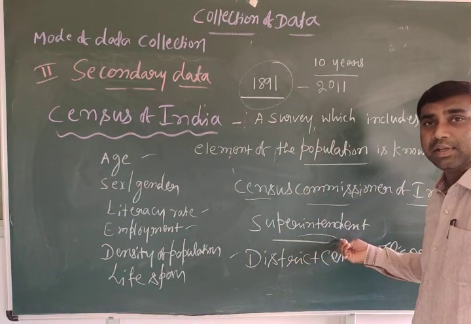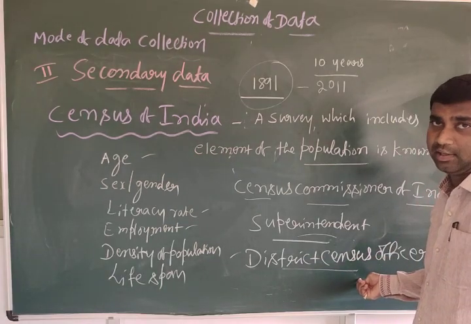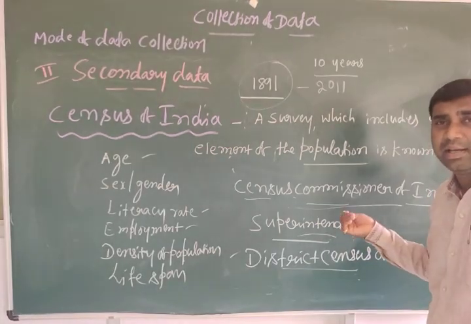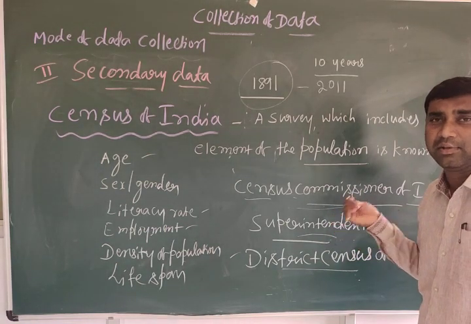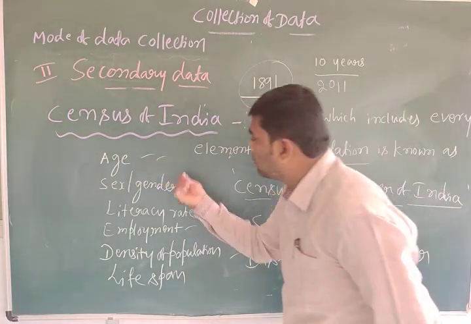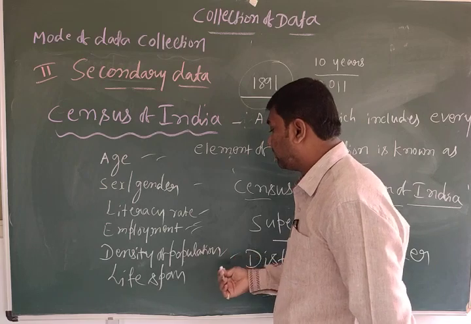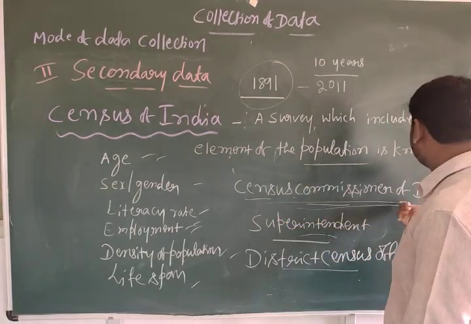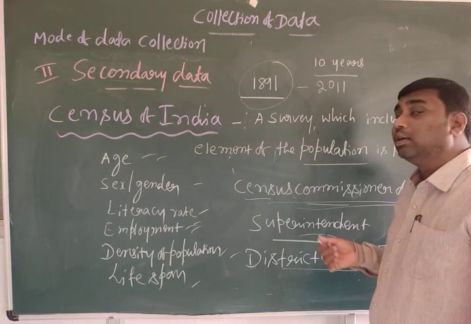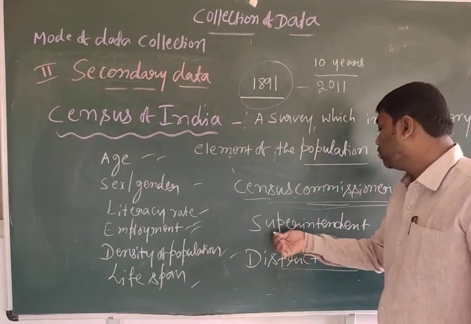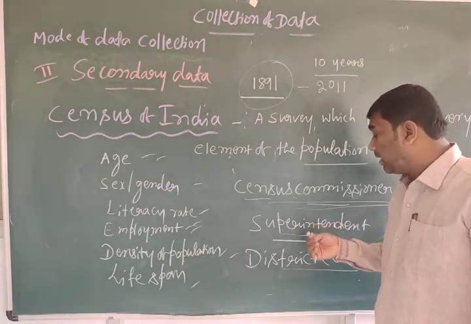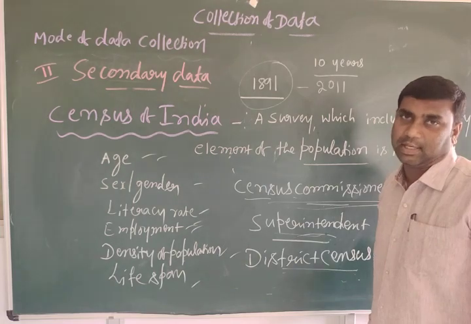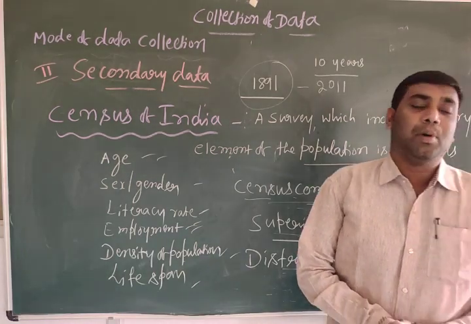A superintendent for each state, a district census officer for each district. What is the purpose of the Census Commission of India? It is a department for collecting data about the population, like age, gender, literacy rate, employment, occupation, density of population and lifespan. So the Census Commissioner of India appoints the superintendent for each state and a district census officer for each district, to collect the information about the population.